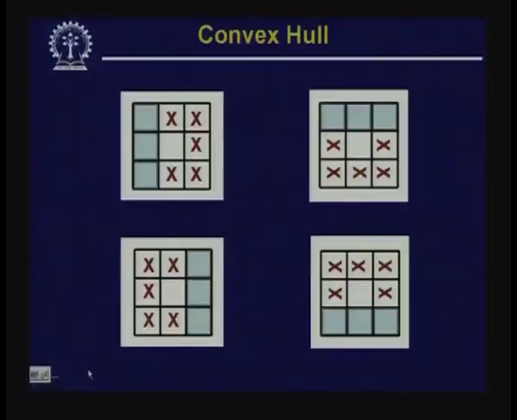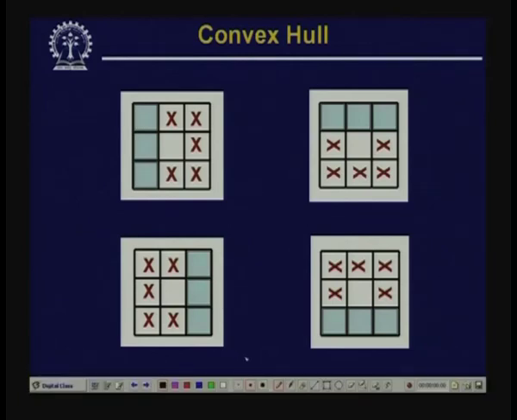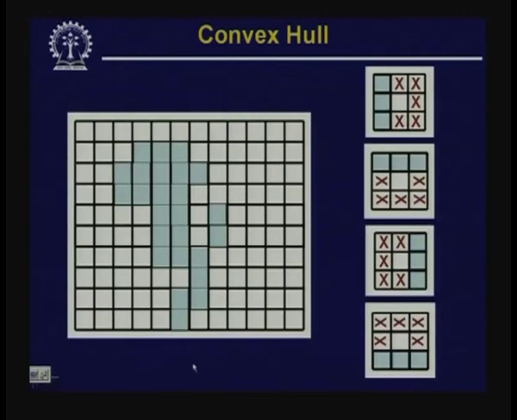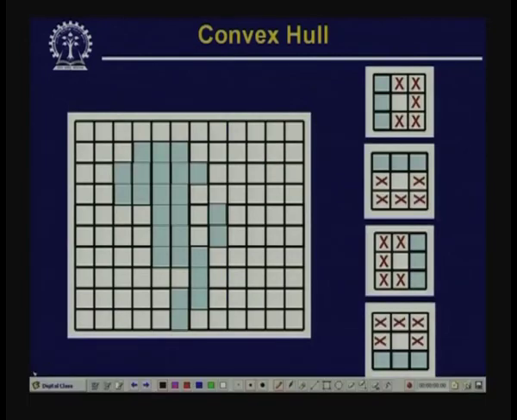Now, let us see how this algorithm actually works. As we have said earlier, these are the 4 different structuring elements which are used for extraction of the convex hull. Now, to demonstrate the operation of this algorithm, we take an image like this.